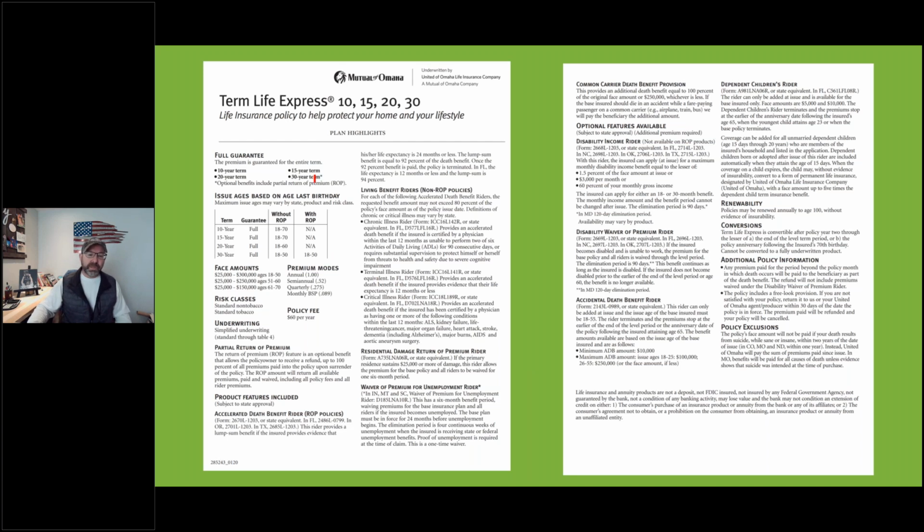With the Term Life Express, they offer terms of 10, 15, 20, and 30. The return of premium, however, is only available on the 30-year term. The other thing you have to be careful of is the age. Term Life Express recently, a couple years ago, expanded the issue ages to 70, which I think is great, but they left the ROP at age 50.